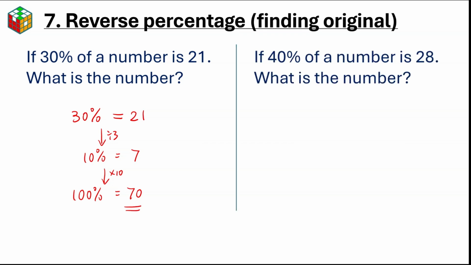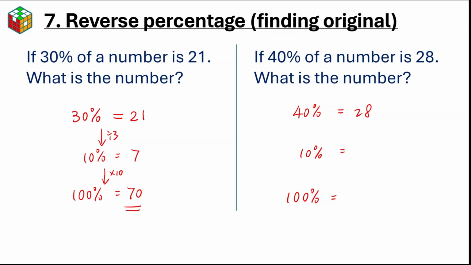Let's try another number. If 40% of a number is 28, you write 40% equal to 28. My aim is to find out 100%. 40 does not go into 100 straight away, so I need a middleman, 10%.